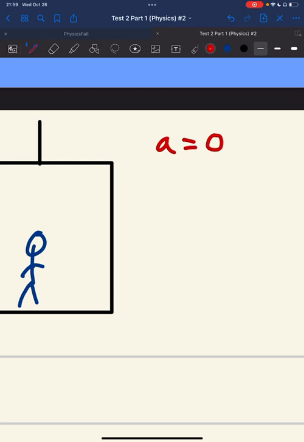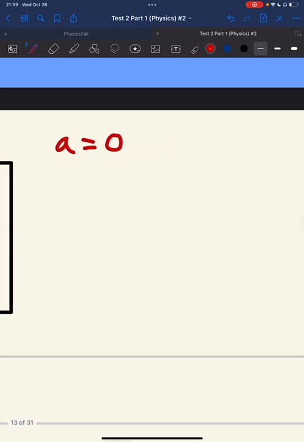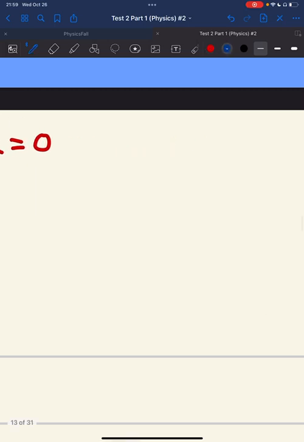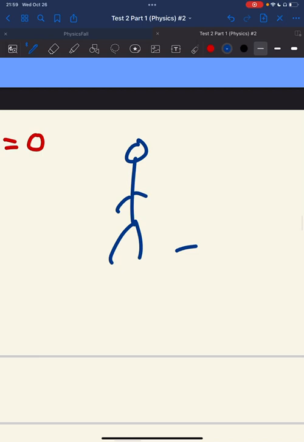So we're going to measure the force he's giving up in newtons and the force that is pulling him down, mg.